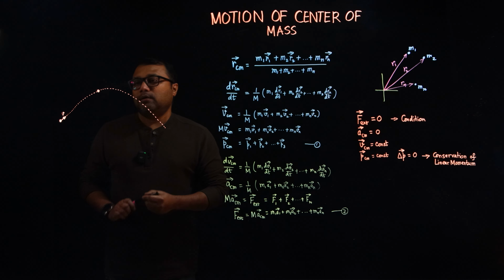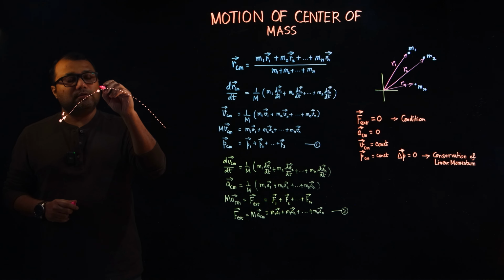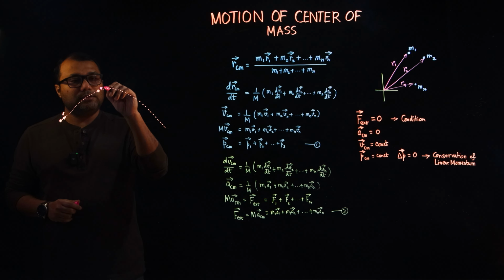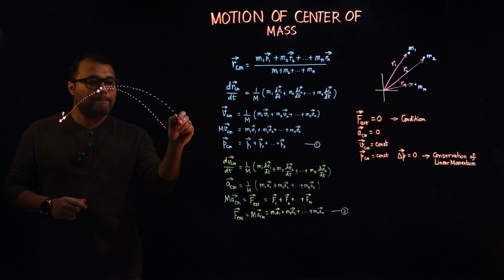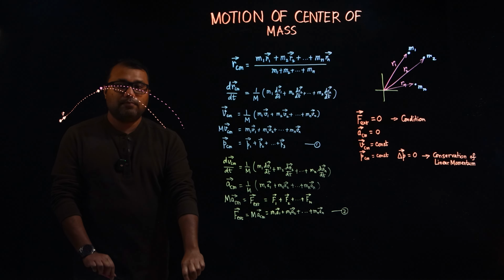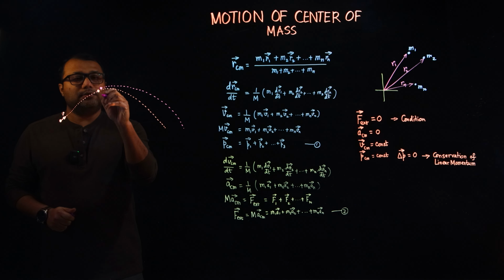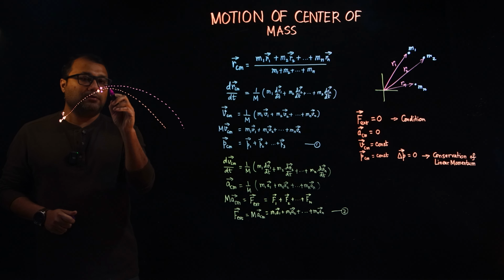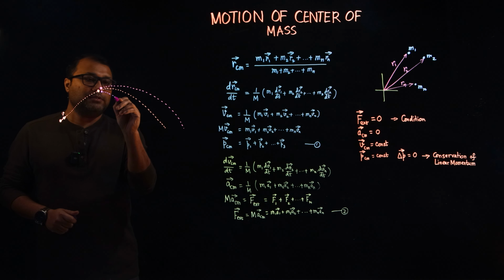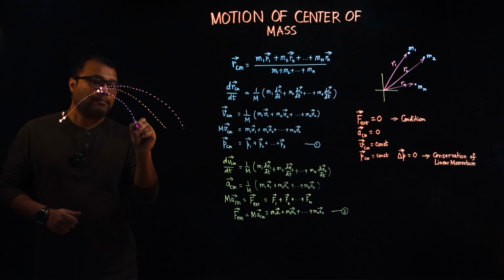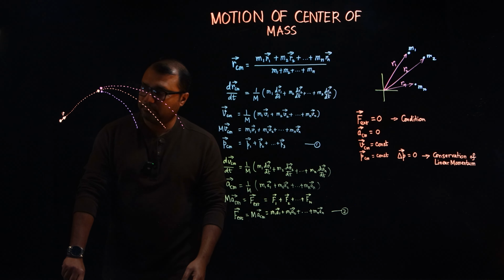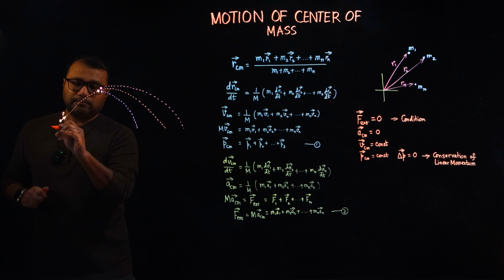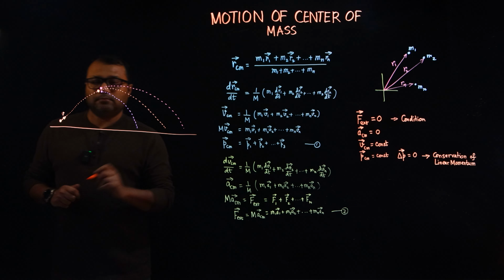And if you plot the trajectory of one of those components, let's say it will be something like this, and if you plot the trajectory of the other component, it will be something like this.